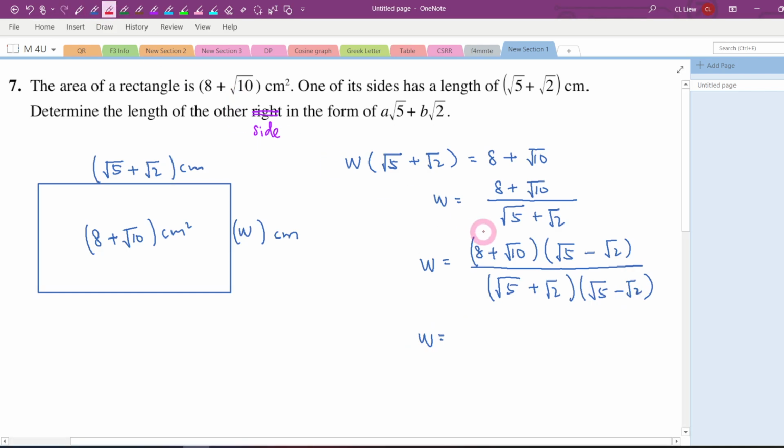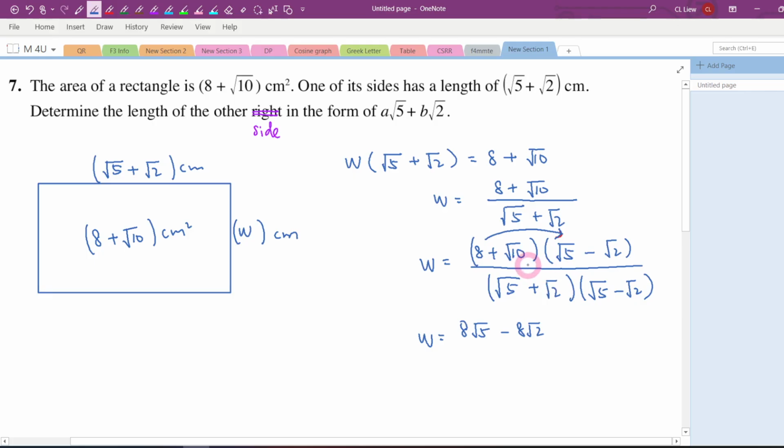Okay, now for this part, we just expand it one by one. 8 times square root of 5, you get 8 times square root of 5. You don't have to do anything, just copy like this. So positive, negative, you get negative 8 times square root of 2.